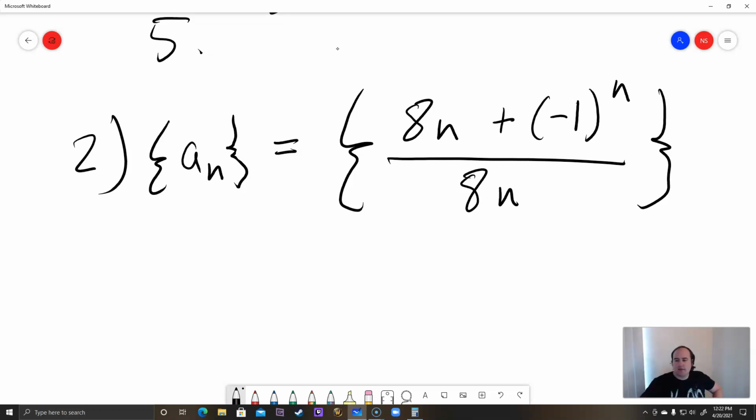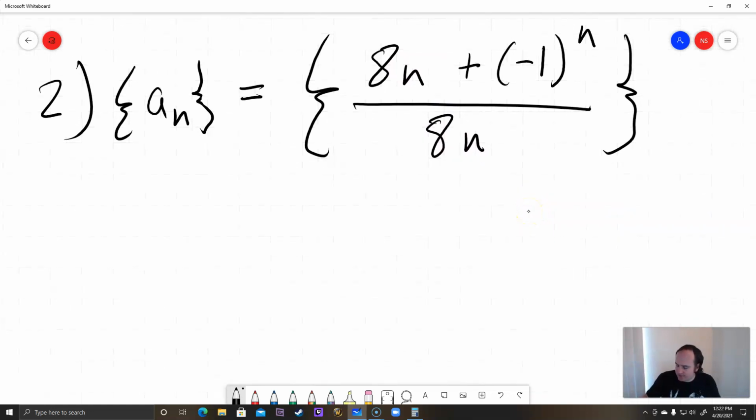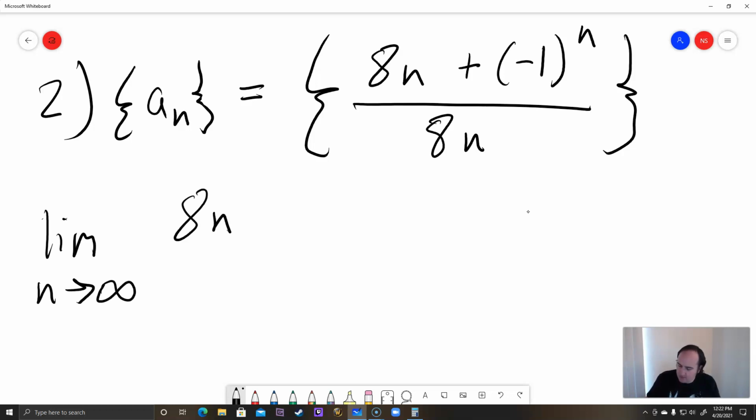And what we have to do here is, once again, just take the limit as n goes to infinity of 8n plus negative 1 to the n over 8n.